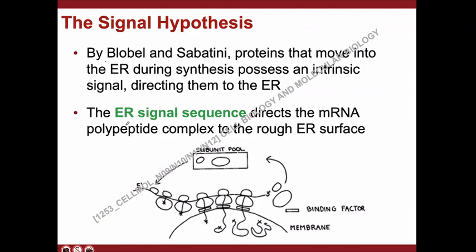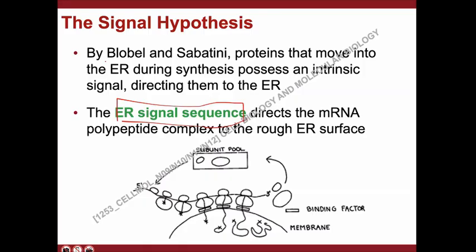And this ER signal sequence is responsible for directing the ribosome mRNA polypeptide complex to the surface of your rough endoplasmic reticulum, where the complex docks, or anchors, at a protein docking area on the ER surface. So basically, they're telling na merong parang signal sequence embedded within the polypeptide that tells the cell what to do. Okay?